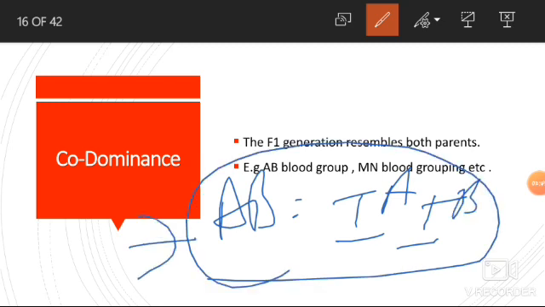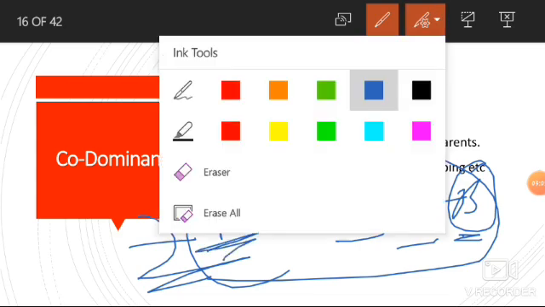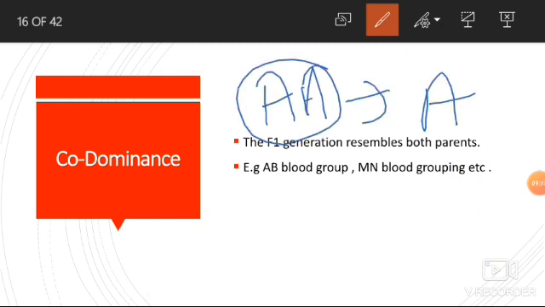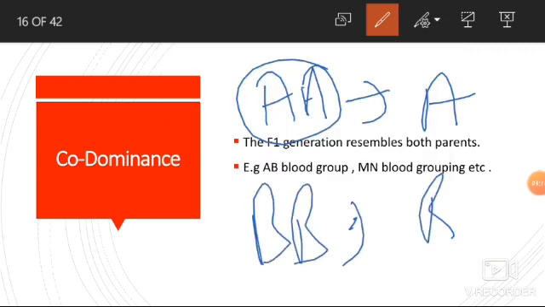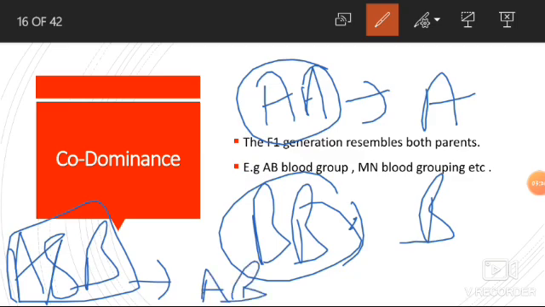So, in case of AB blood group, both the alleles, that is A and B, are expressed themselves and the genotype will be AB. And if A is present in homozygous condition, then the blood group is A. And if B is present homozygously, then the blood group is B. But when A and B are collectively present, then the blood group will be AB.